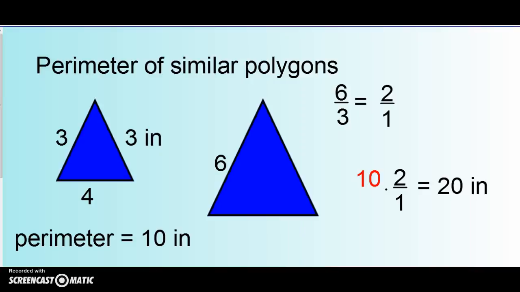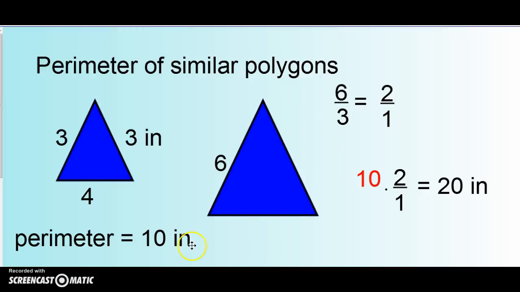Okay, we're almost done. Similarly, perimeter works the same. For perimeter, you can also find the scale factor and multiply. If we're trying to find the perimeter of the second triangle, and we don't know the other two sides, you could set it up with what I do know and create a scale factor with the corresponding side. So 6 is to 3 means the scale factor between these two polygons is 2 to 1.